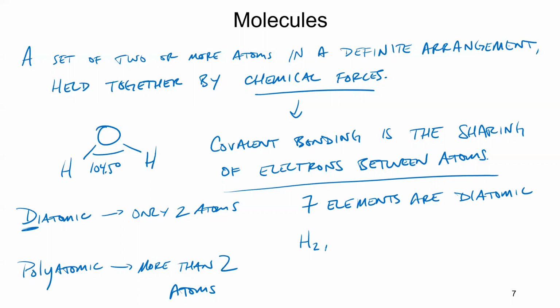It's always 2 of them. Oxygen, nitrogen, fluorine, chlorine, bromine, and iodine, or iodine, if you like to keep it consistent. Okay. And so those 7 elements are always diatomic when we see them in nature.